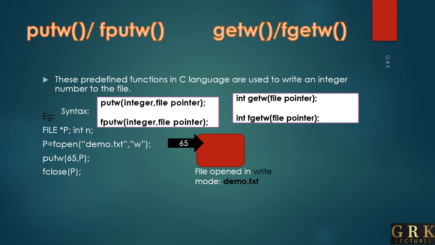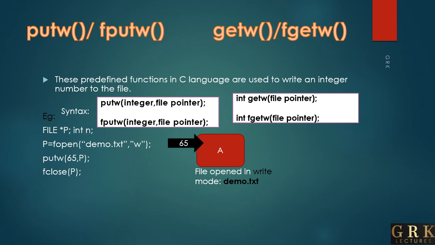Once that file has been closed, try to open the file demo.txt. When you open the file, instead of 65 we find capital A. Actually we have written 65, but 65 will not be written to the file as it is. That 65 will be converted into its ASCII value, and that ASCII value will be stored in the file.